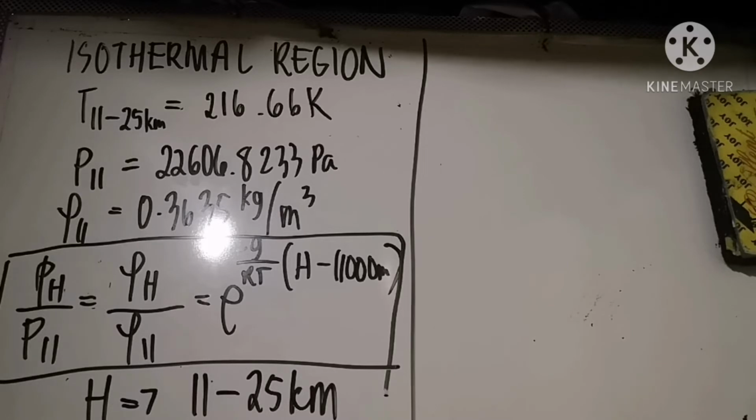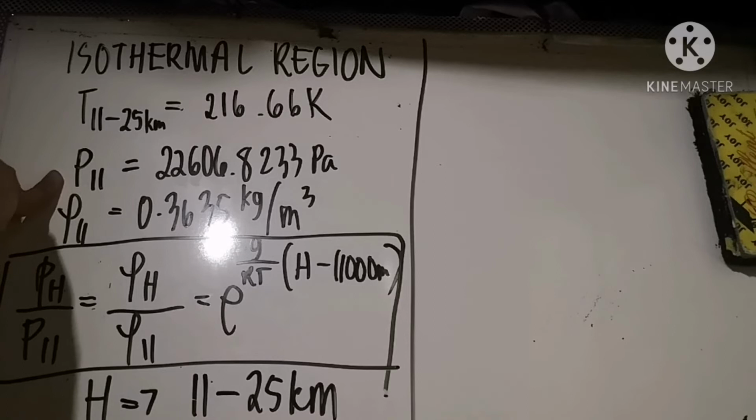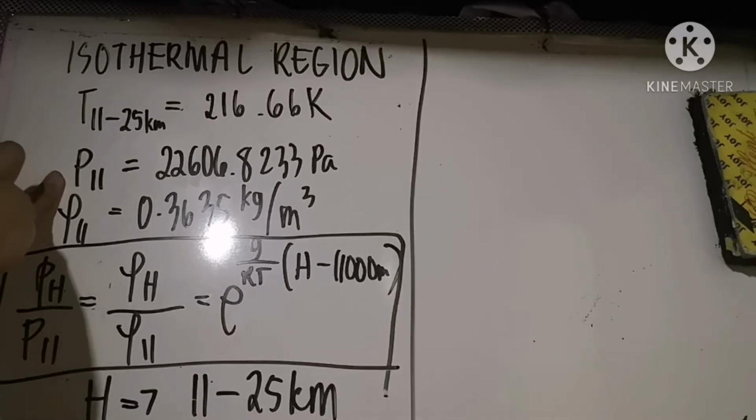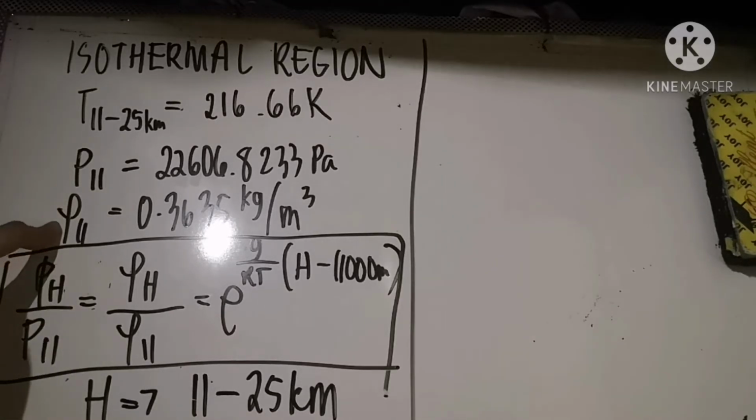Start tayo from 11 kilometers, kailangan natin mahanap yung pressure at density at 11 kilometers, which is 22,606 pascals, and your density na 0.3635 kilogram per meter cube.